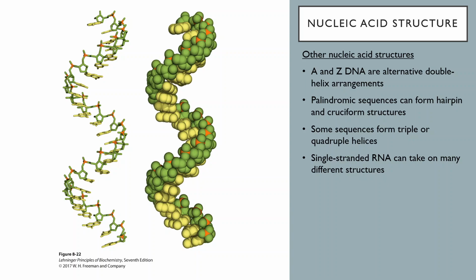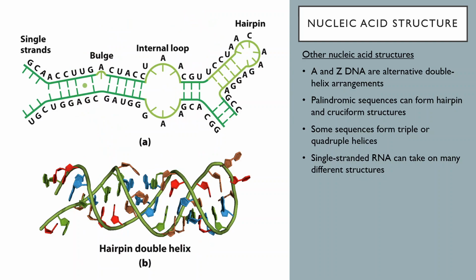Whereas DNA in most cells most of the time is entirely double-stranded, RNA is typically only found in single-stranded form. And so single-stranded RNA can form lots of base pairs with itself. If it's self-complementary, you can see lots of complex structures.